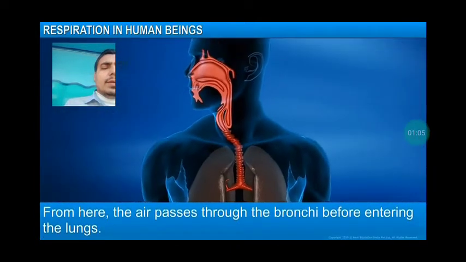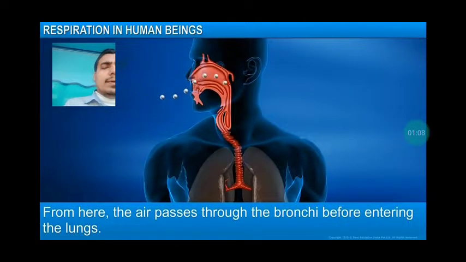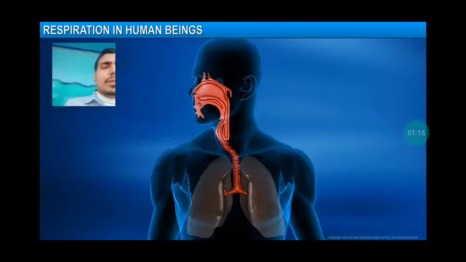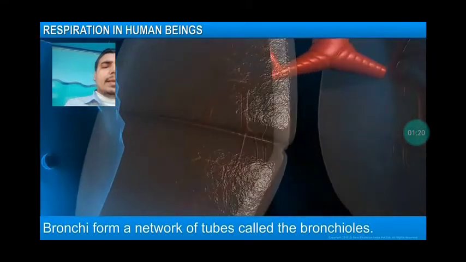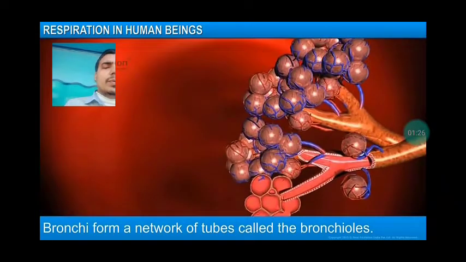Here, the air passes through the bronchi before entering the lungs. Students, the bronchi are like a network of tubes that keeps branching into smaller tubes called bronchioles.